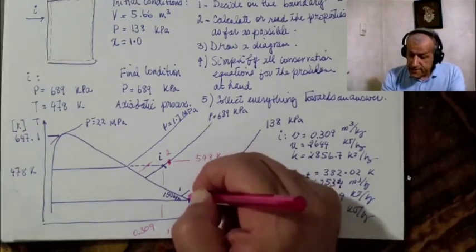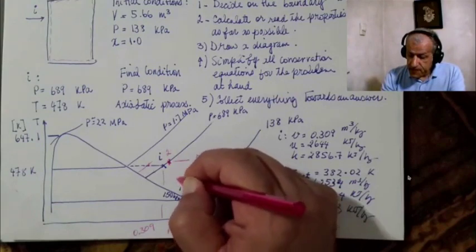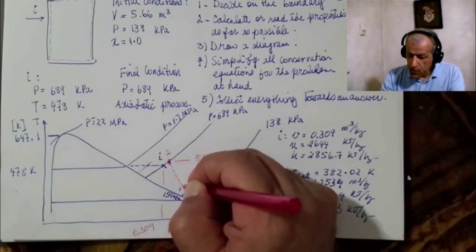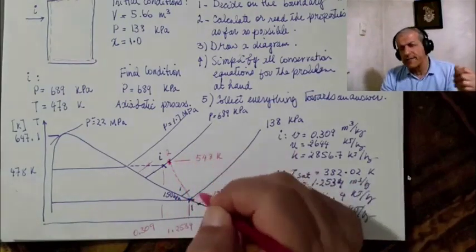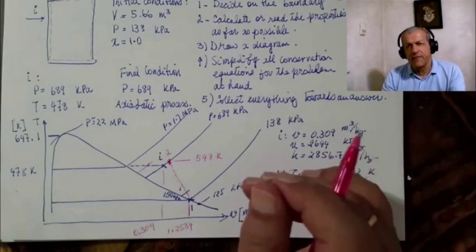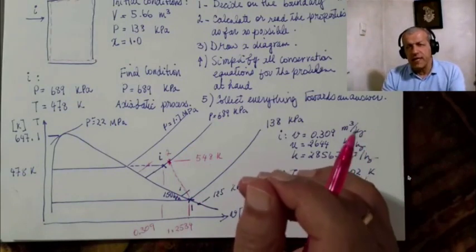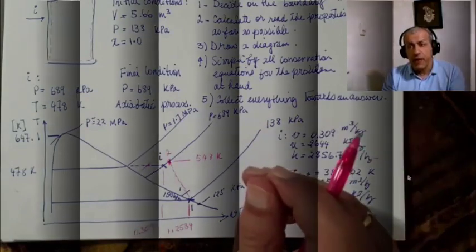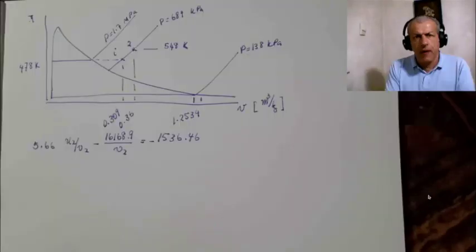There is a path here between 1 and 2. Okay, this process happened adiabatically. If it wasn't adiabatic, then could we end up with different points? Could it be possible? What would happen?